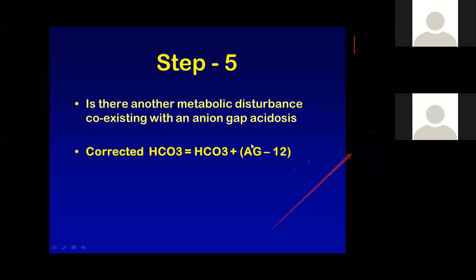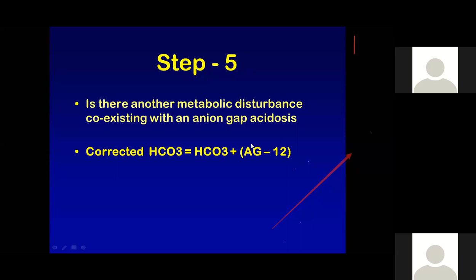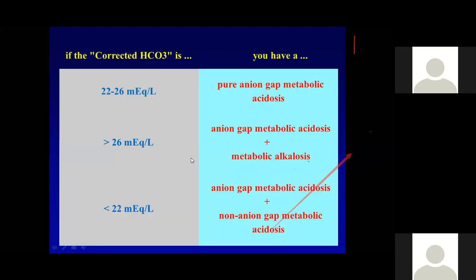So you have to look into what the corrected bicarbonate is. The normal bicarbonate value is 22 plus anion gap minus 12, that is, the normal anion gap is 12. Usually in high anion gap, you can see more than 12. So this is what you have to check, whether there is a correction of the bicarbonate or not. Here you can see, if the corrected bicarbonate is between 22 to 26, it means that it is purely an anion gap metabolic acidosis.